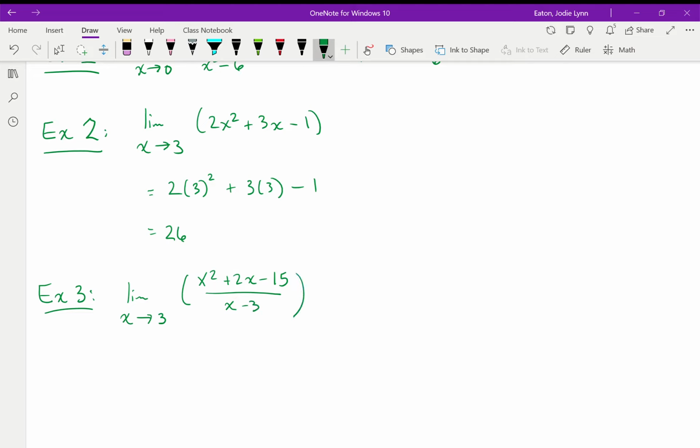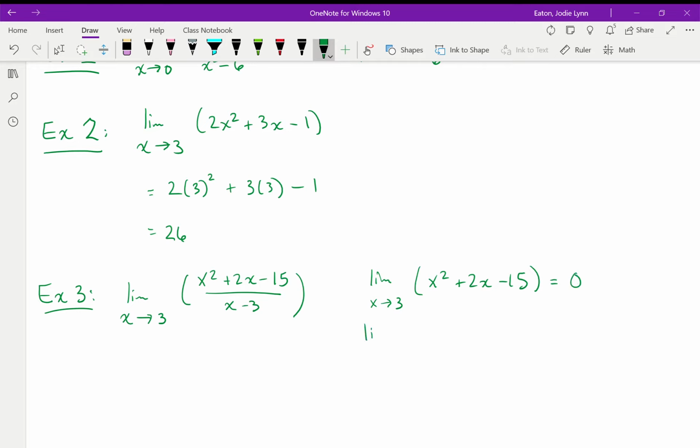So what I do is I take the limit of the numerator, and we don't write an equal sign because this is not necessarily equal. So we have the limit as x approaches 3 of x squared plus 2x minus 15. We plug in 3: 9 plus 6 minus 15 is 0.